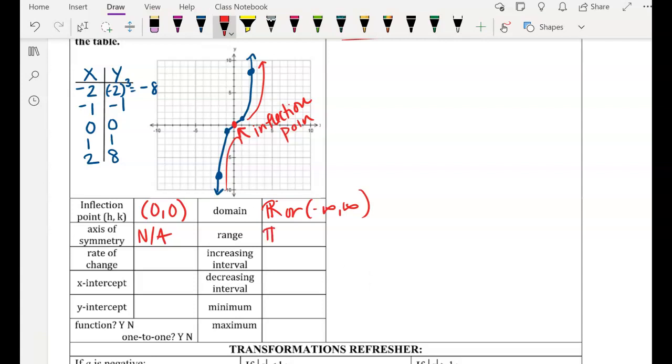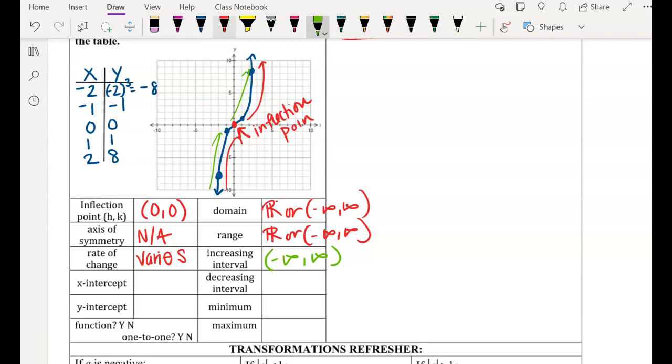The range is also all real numbers, or -infinity to infinity. The rate of change, because it's not a straight line, we are going to say it varies. The entire function is increasing, so it's increasing over the entire domain of your cubic function.